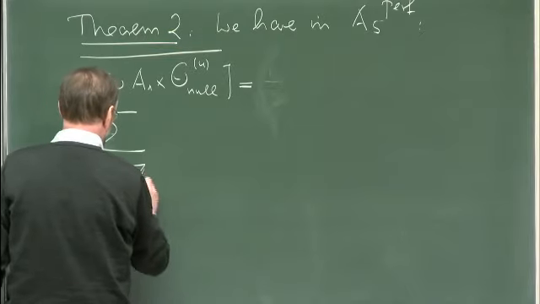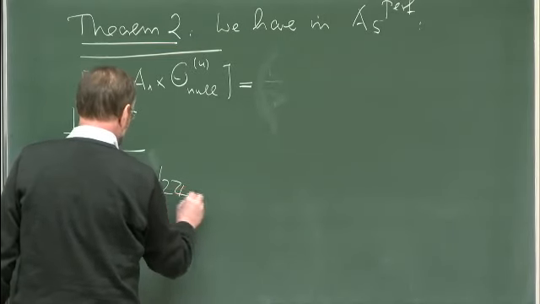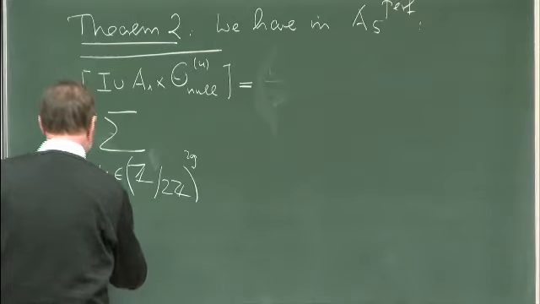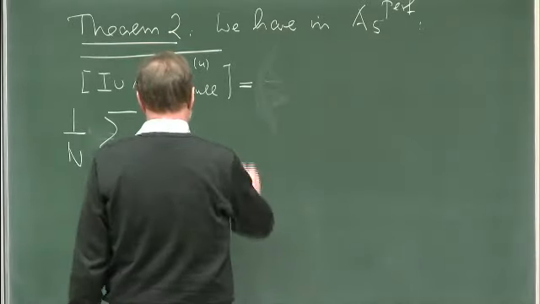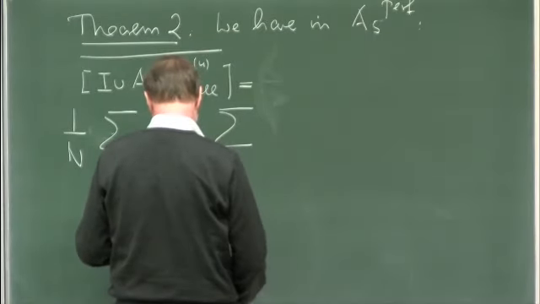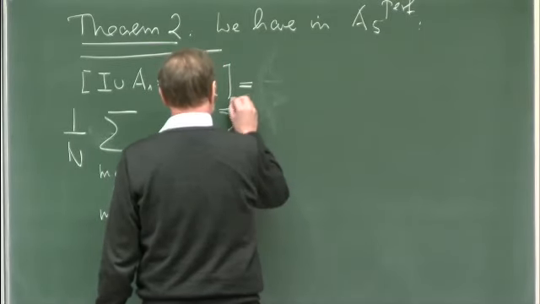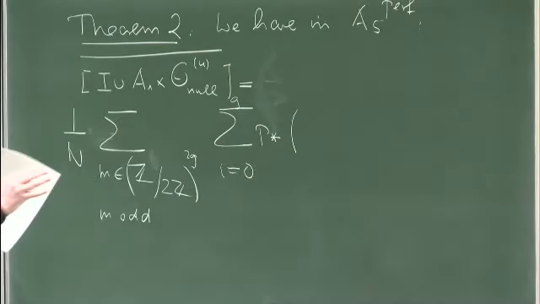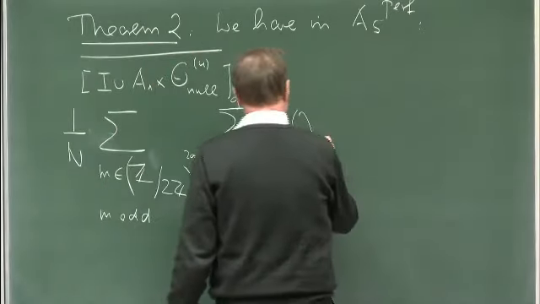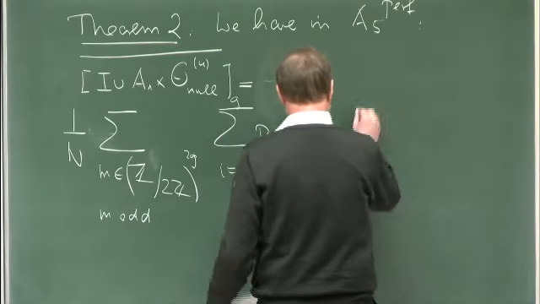I take all elements in (Z/2Z)^{2g}, which are odd in the sense of odd 2-torsion points. So if I write it as m1, m2, then the product m1 m2 is 1. Sum over i equals 0 to g, p lower star, and I write something on A_g(2), on the level 2, and push it down to the one without level structure. Then the (1/2 minus 1/4)^{g minus i}.